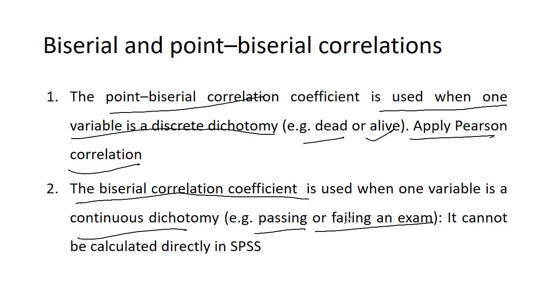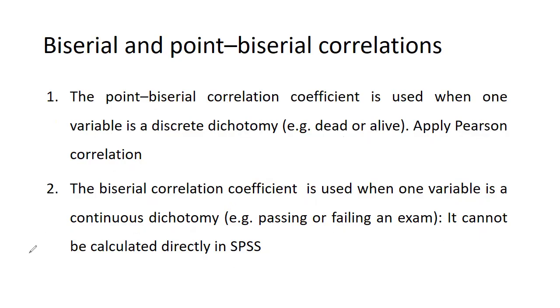It is not mutually exclusive. It cannot be calculated through SPSS software. For more detail, you can go through the book here and the Andy Field book, which is a very good book.